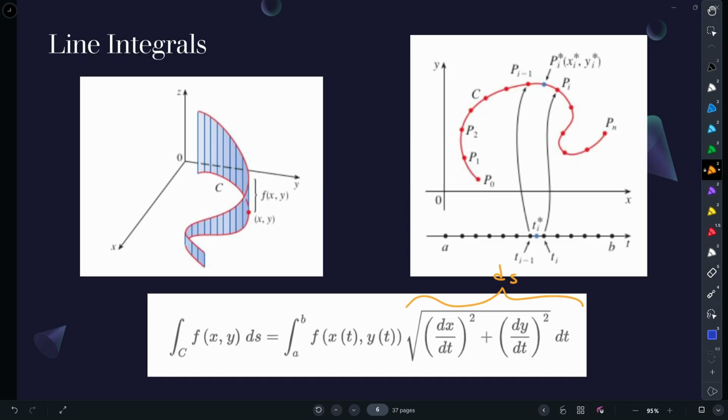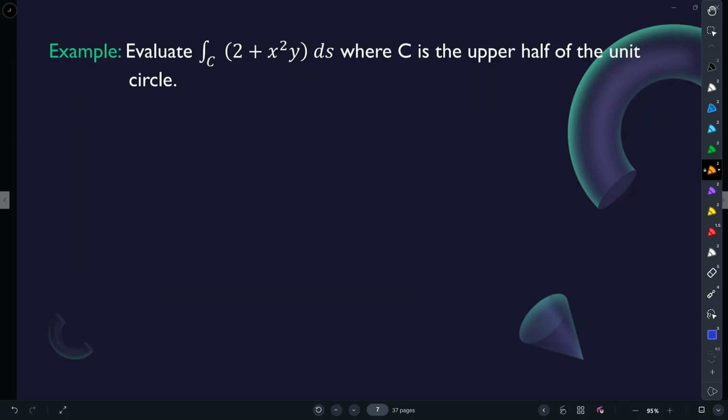Okay, so let me show you how this works by computing the integral of a function over one particular path. We're going to integrate the function 2 plus x squared y. That is a function of x and y. It has values in the entire plane.